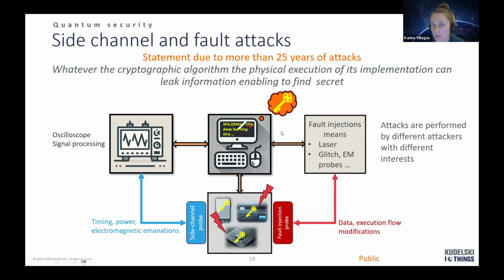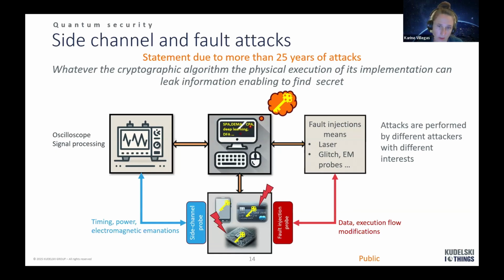And again, thanks to some processing, we are able to get the keys. In addition to these two, we can for sure combine both attacks, so merge fault with side channel and also cryptanalysis to get the secrets. And attackers just have to find one attack path, whereas a designer has to think about all the possible attacks.